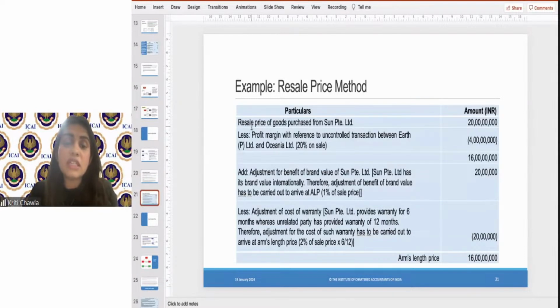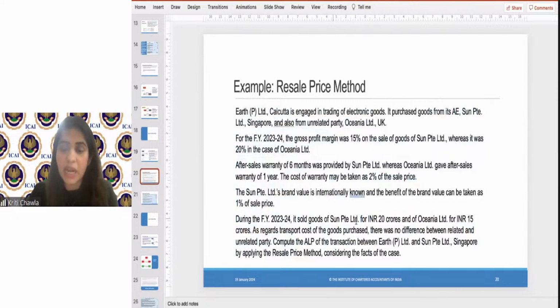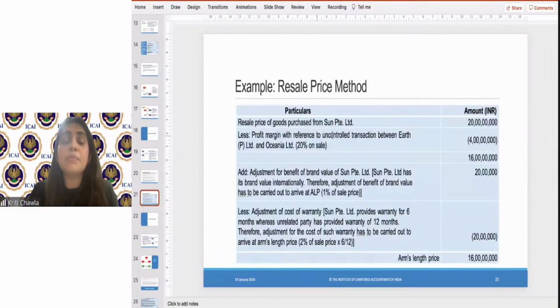So what is the resale price of goods for Sun Pte Limited? Well, it is 20 crore rupees. It is mentioned in the question that the resale price with related party situation is 20 crore rupees. Now it says that the profit margin that you need to deduct to see what was exactly the cost should not have been 15%. It should have been 20% because that is the correct margin.